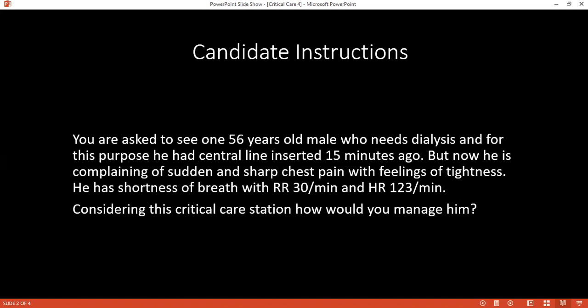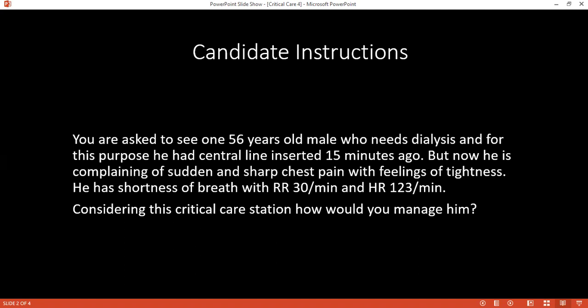You have done the management, now you want to observe if the breathing has become better. We have to see the chest. Is there any abnormality in movement, reduced chest movement, or asymmetry? Is the trachea still shifted to the opposite side? We can check percussion, whether it is still hypertympanic or not.